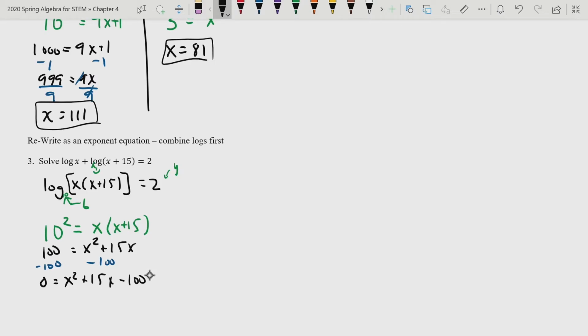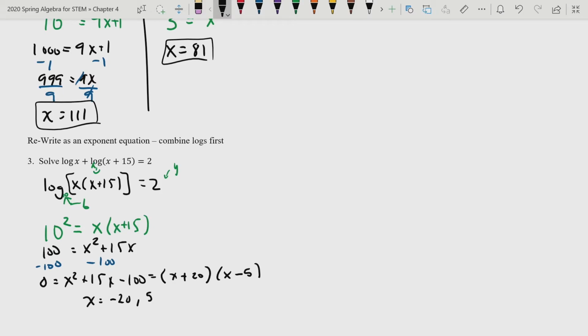I look for, if I can factor, two numbers that multiply to negative 100 that add up to 15. That's going to be 20 and 5. So 20 and 5, and the bigger one is positive. So this gives us that x equals negative 20 or positive 5.